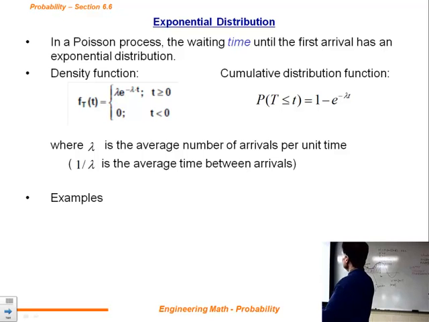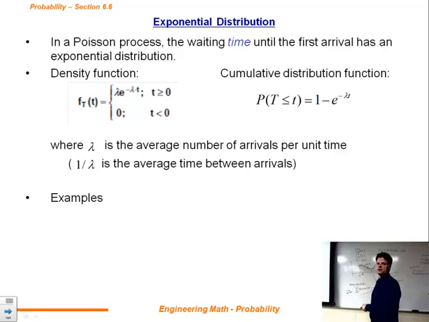And this is exponentially distributed. What that means is its density function looks like an exponential. Don't worry about the density function too much. Worry about the cumulative distribution function. That's the most important. The probability that the next success is going to happen within t seconds from now, less than or equal to t seconds from now, is given by 1 minus e to the minus lambda times t, where lambda is the rate, say, per second.